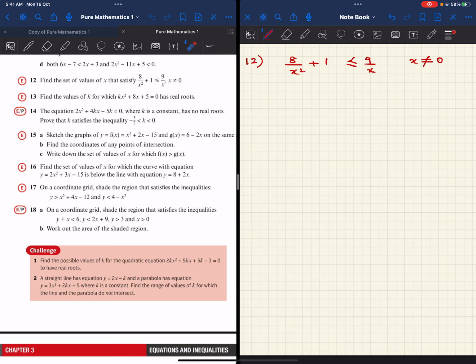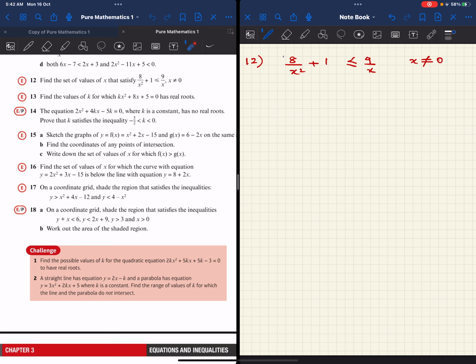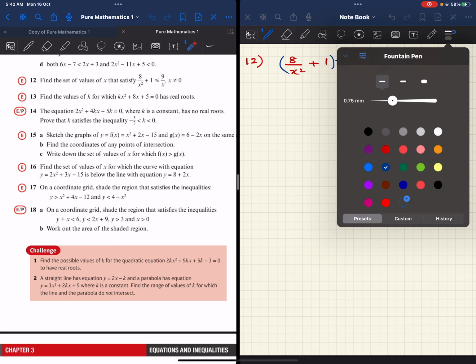So now we have to get rid of the x in the denominator in order to solve this inequality. So what we are going to do here is we will multiply both sides by x squared. When we have either an equation or an inequality, and we do the same action on both sides, it keeps the equation or inequality balanced.